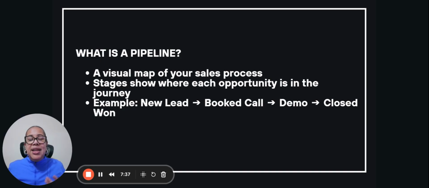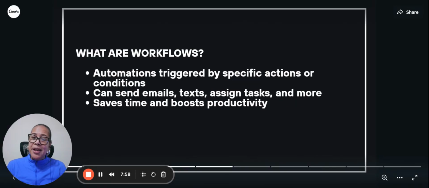An example could be something like, you have a new lead, you book a call, you show them a demo, and then you close them, right? So then you've won. So that's a pipeline. A pipeline is almost like a funnel, and you can take people through the various steps of the pipeline.